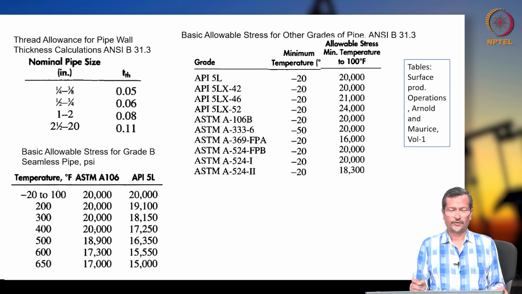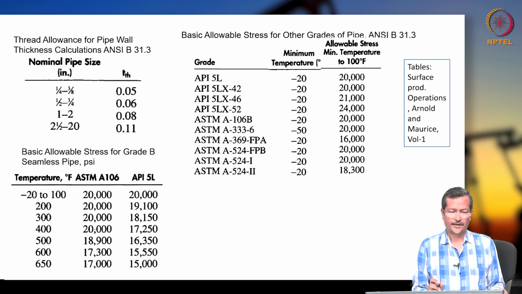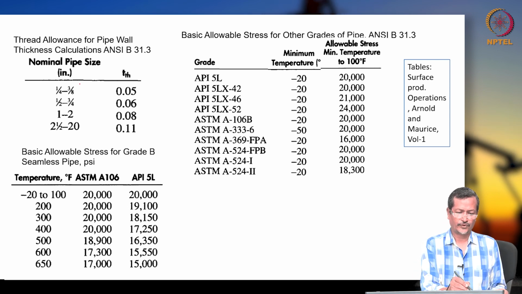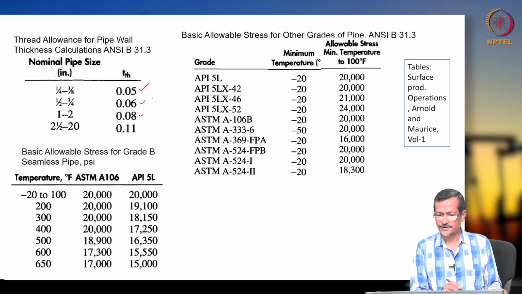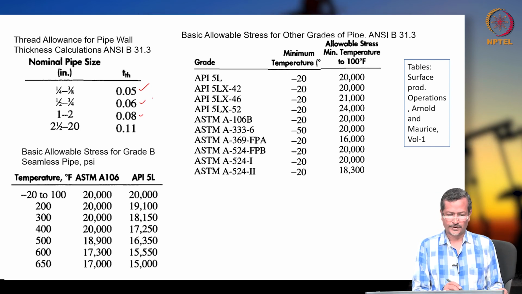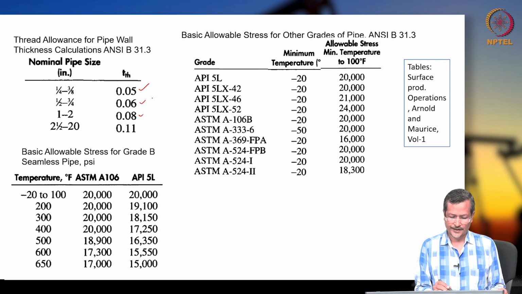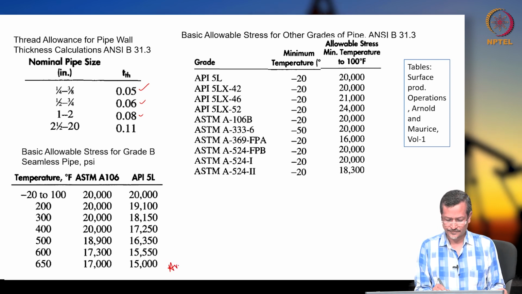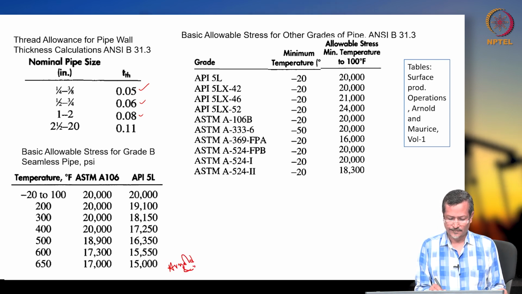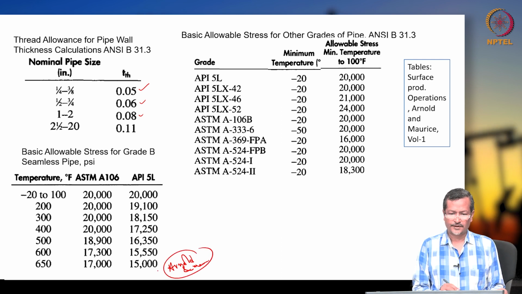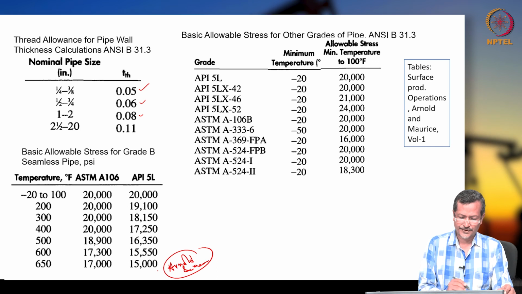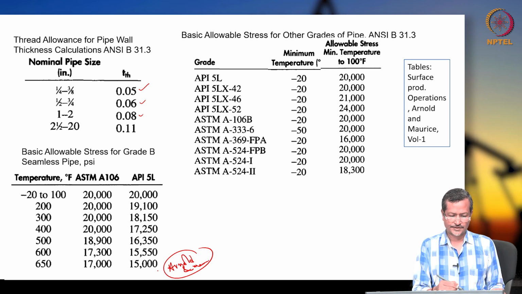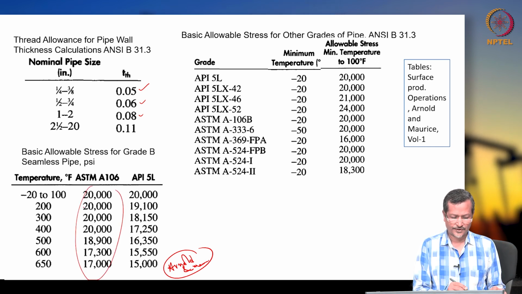Now we have seen this thread allowance you have to give for nominal pipe size. If you know it, then you can get the thread allowance from the table, and this table is taken from the book by Arnold and Stewart. From this book I have taken the table, and if you know the temperature also, then you can see the allowable stress values for different temperatures.